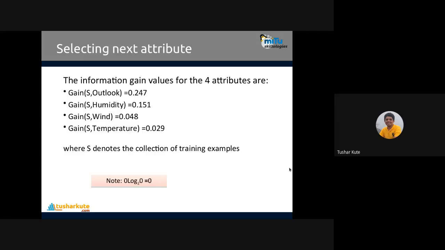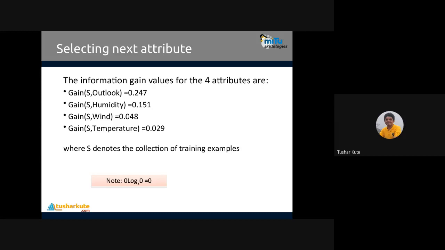Fine, check it now. Likewise, you can calculate temperature also. The information gain values for the 4 attributes are: outlook 0.247, humidity 0.151, wind 0.048, and temperature 0.029. Temperature is having the least information gain.